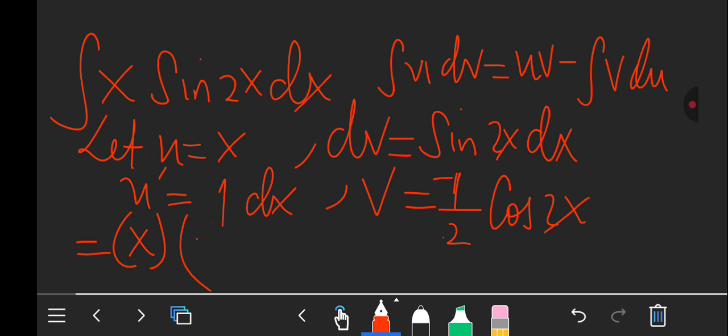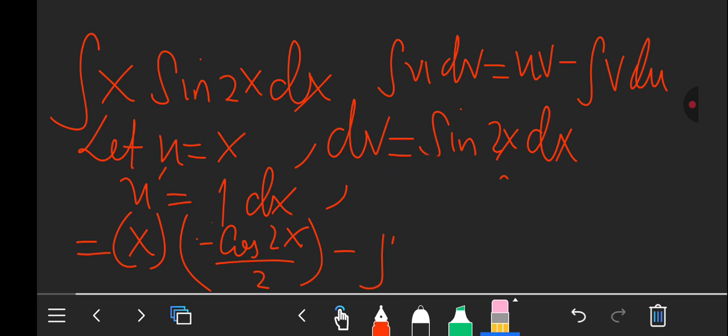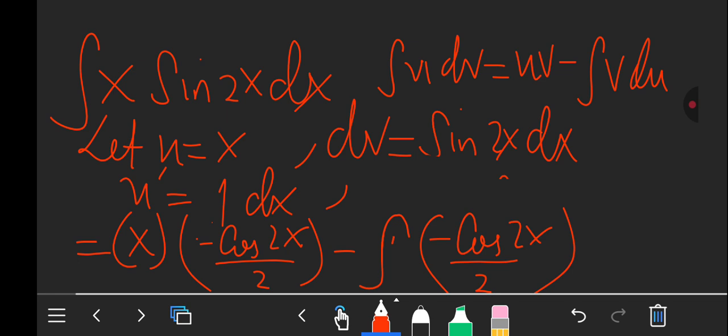Our v is negative 1 over 2, so I can just say negative cos 2x over 2. Then minus the integral of our v, again negative cos 2x over 2. Then what is our du? Our du is the derivative, which is 1, then dx.